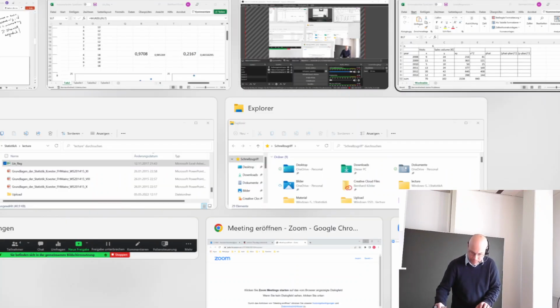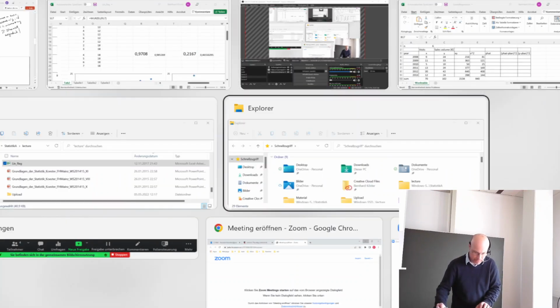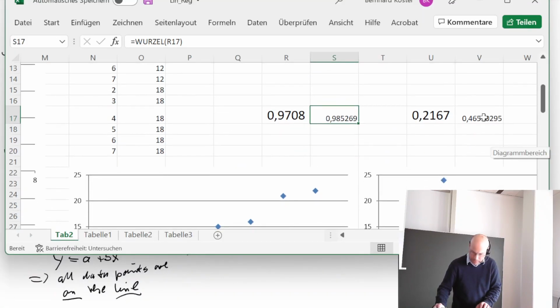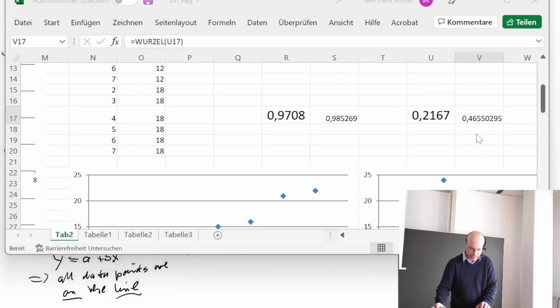In the second case, we had a bit more, 0.465.